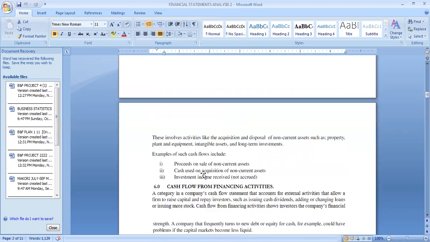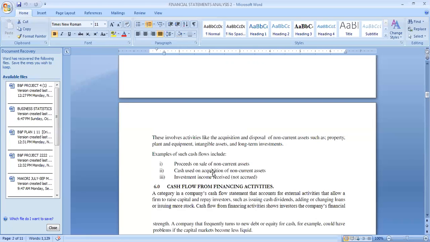A good example here: proceeds on sale of non-current assets. Remember, non-current assets are the fixed assets. Also cash used on acquisition of non-current assets, and investment income received if you have invested in another company. A company can buy shares in another company and receive dividends from that other company. It is still part of the investment.